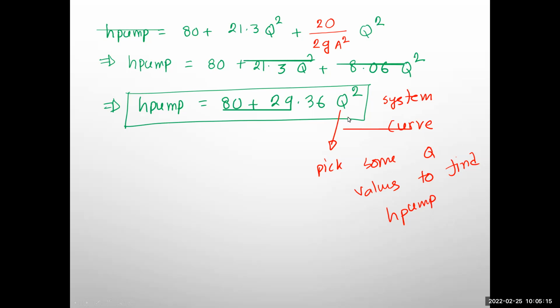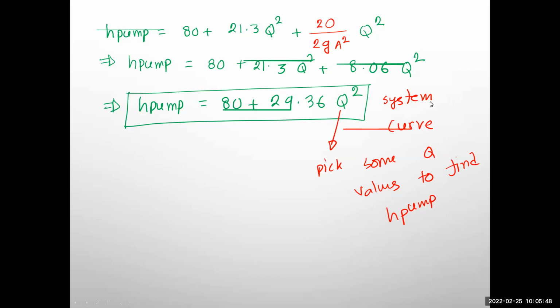Now, the beauty of having a curve is it should give you the H pump value for any possible Q values, right? Now, we can get any possible Q values, but that will not help us. So we need to be strategic a little bit. Since we are trying to find the composite curve, system curve and the operating point, it will be good if we choose the same range of independent value, Q, right?